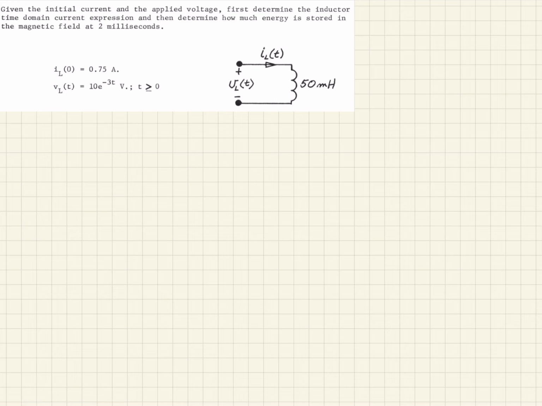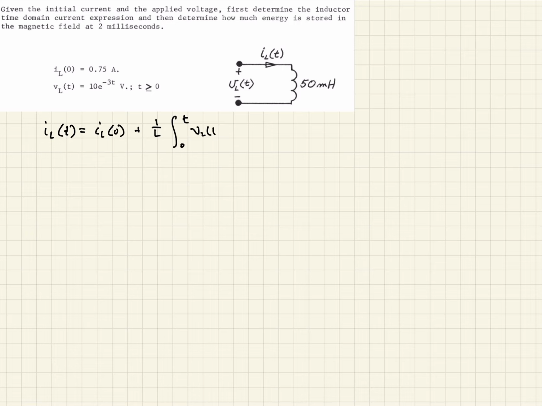we recall that IL of t is going to be equal to IL at 0 plus 1 over L, the inductance, integrated from 0 to t times the voltage. So it's VL at t in this case, or tau.